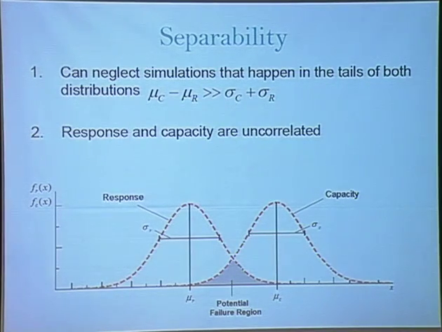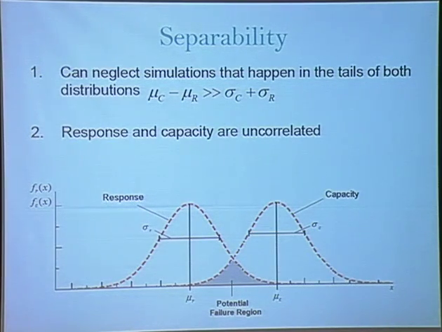No. This doesn't tell you anything about the correlation. What will happen if the response and the capacity were correlated? Let's say that they were perfectly correlated. It would mean that you cannot have a situation where the response is high and the capacity is low.